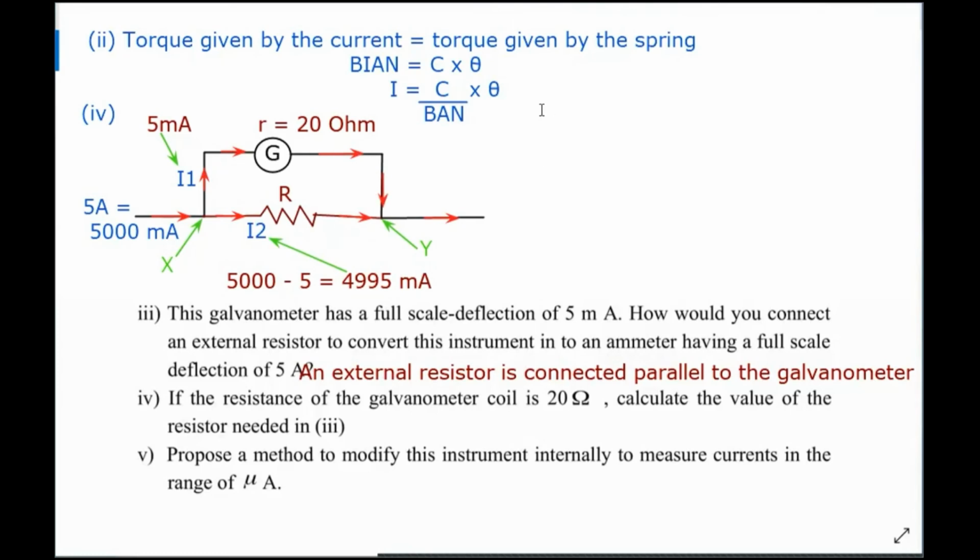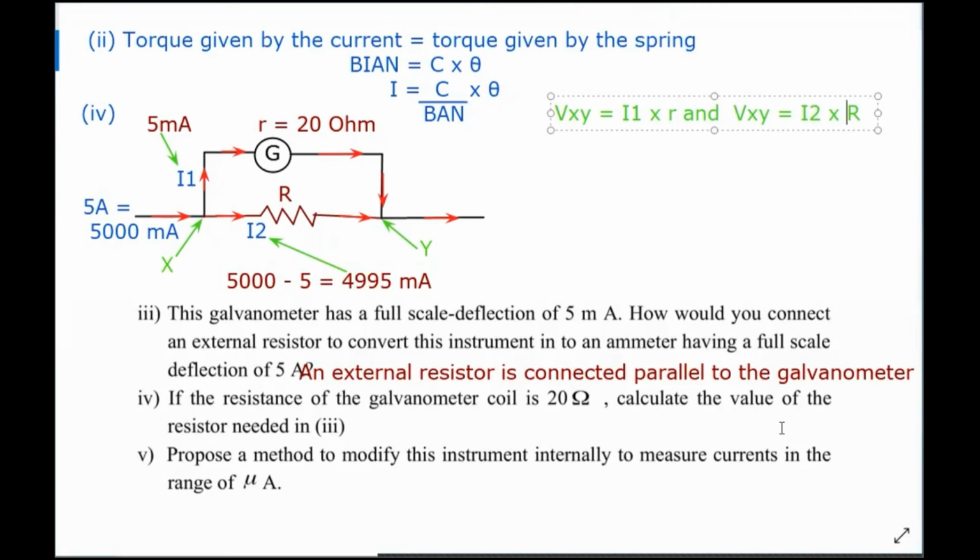Then the potential difference between X and Y is the current I1 into resistor simple R. Similarly, you can directly go from X to Y along the external resistor capital R. Then the potential difference between X and Y is the current I2 into capital R.